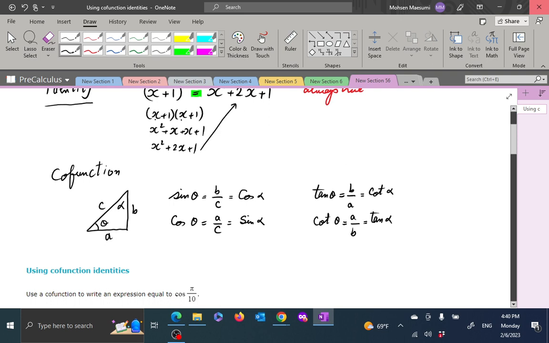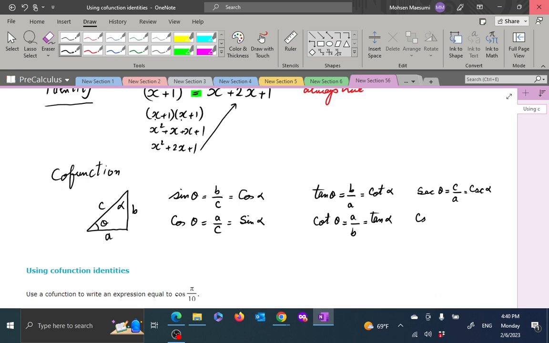Similarly, secant of theta is the ratio of hypotenuse to the adjacent, and that is same as what? It's same as cosecant of alpha, which is the ratio of hypotenuse to the opposite.